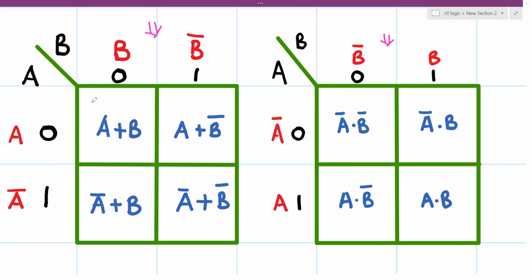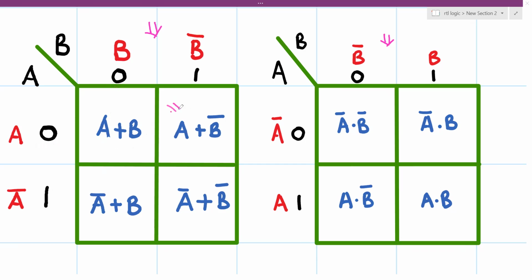Therefore, in the four cells, cell 1, cell 2, cell 3, and cell 4, we can write A or B in the first cell. Again, 0, 0 means A or B, and both variables A, B are in their uncomplemented form.